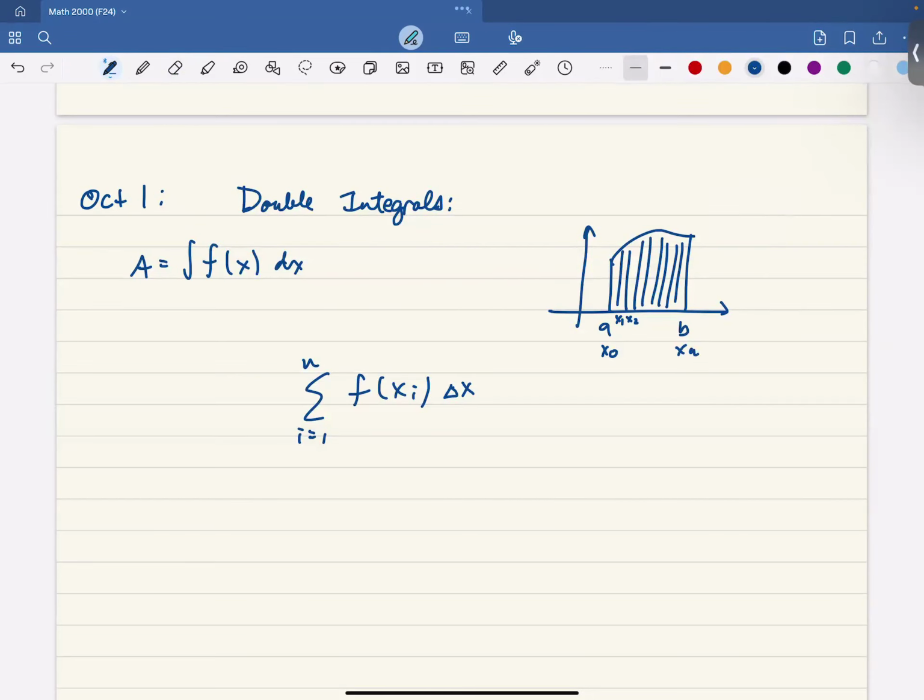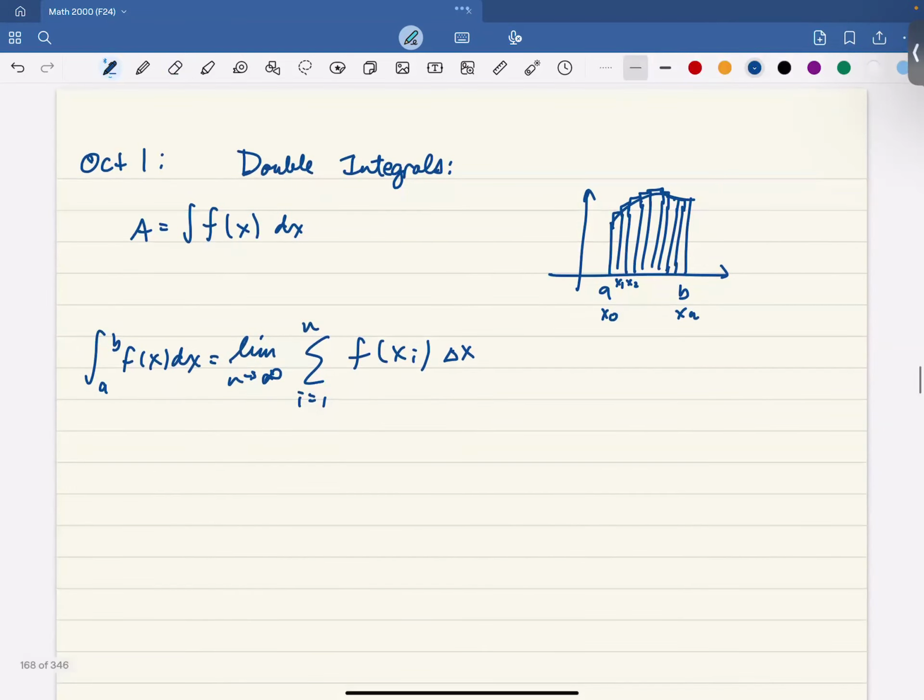If we take the limit of that quantity, so here we're taking the area of the rectangles, where the height of the rectangle is determined by the value of the function, then what we get is the exact area, which is the integral. And we know by the fundamental theorem of calculus that that has to do with the antiderivative, and we know how to evaluate those. So that's what we're going to do.